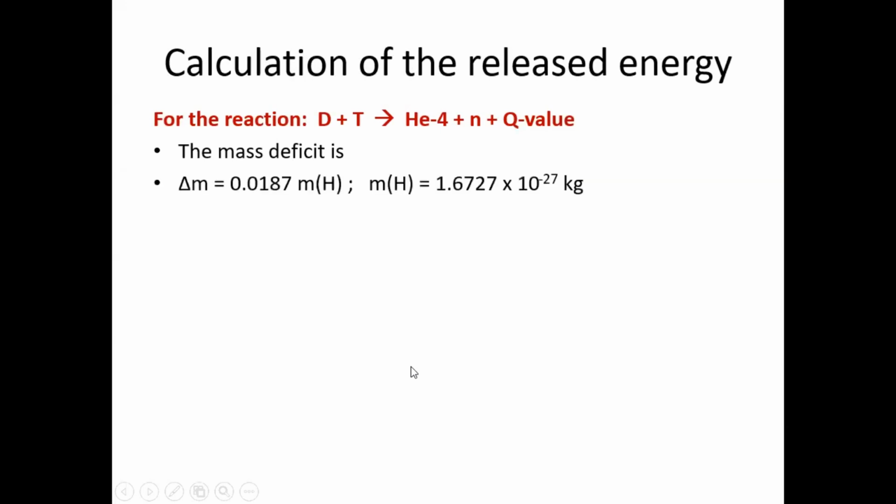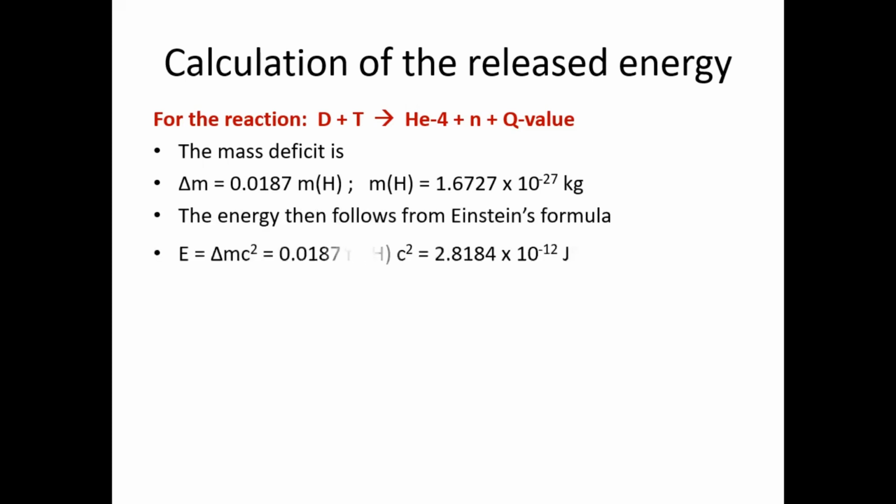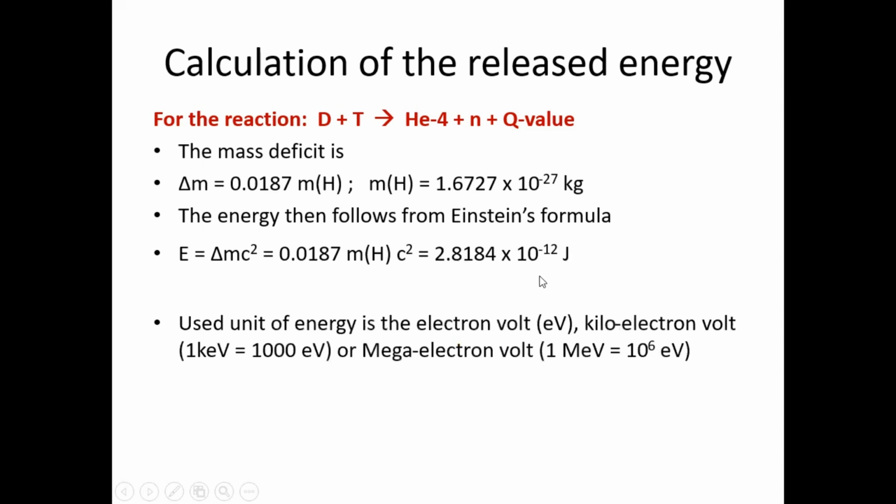So for this mass deficit, the energy from Einstein's formula, E equals delta M times C squared, is equal to 2.8 times 10 to the power minus 12 joules. And let's convert this into electron volts. One kilo electron volt is 1000 electron volts, and mega is 10 to the power 6 electron volts.